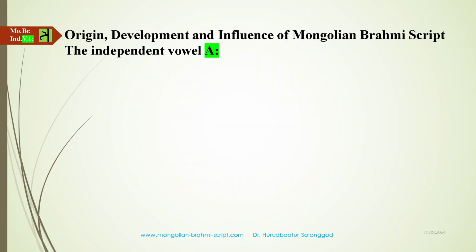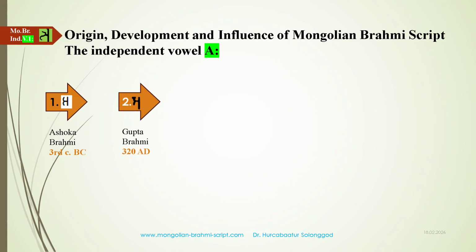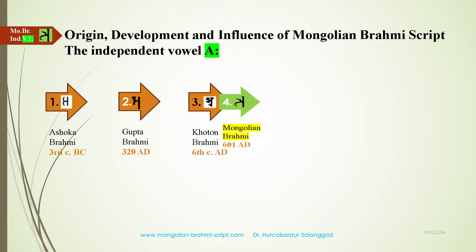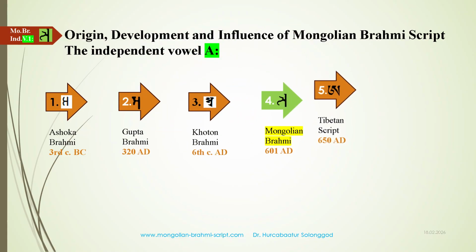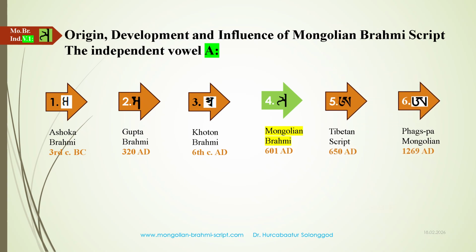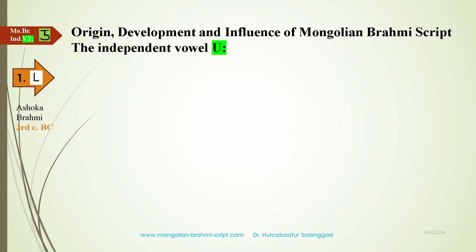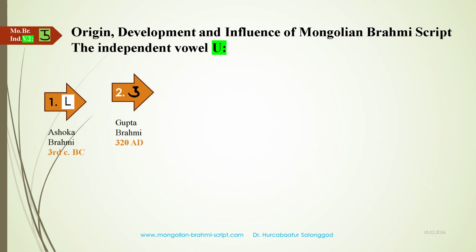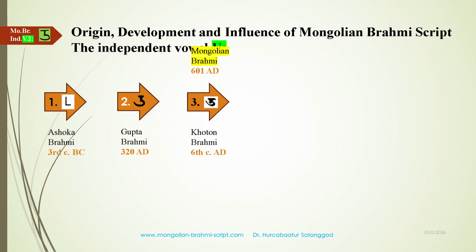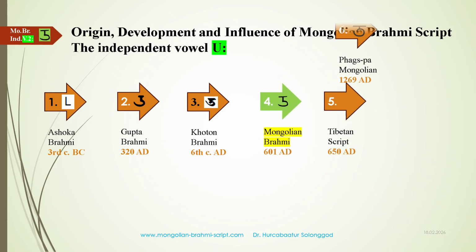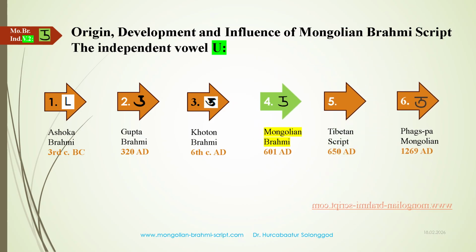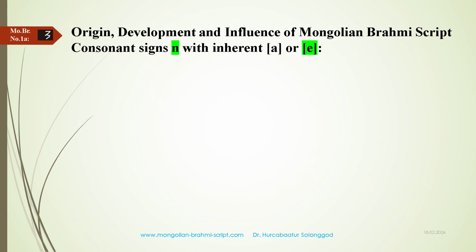Origin, development, and influence of Mongolian Brahmi script. The independent vowel. Origin, development, and influence of Mongolian Brahmi script: consonant signs with inherent A, E, or neutral vowels.